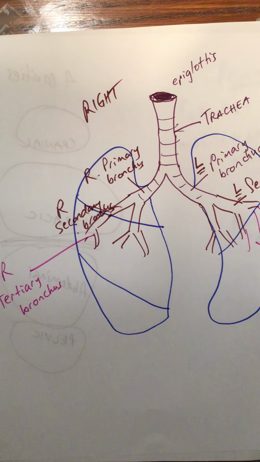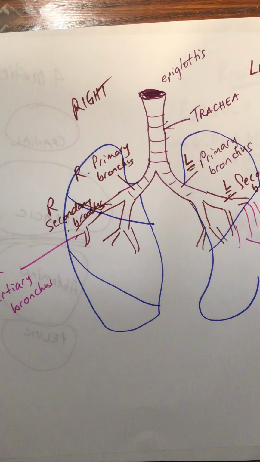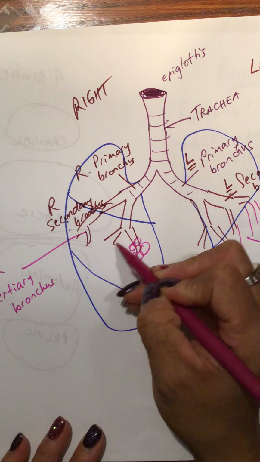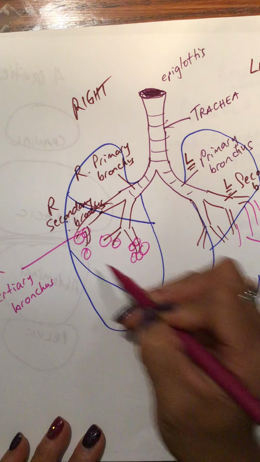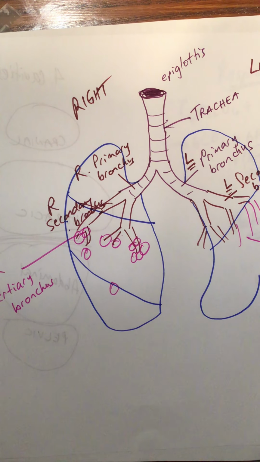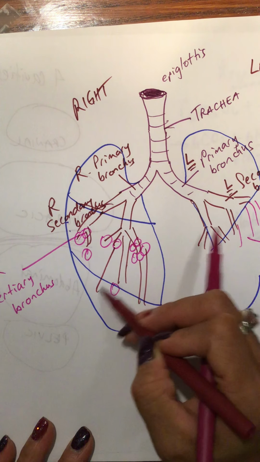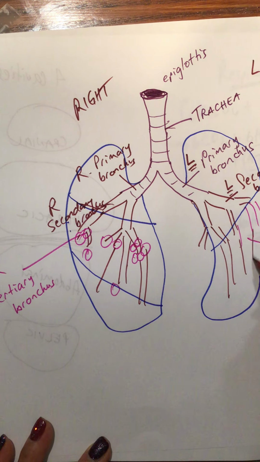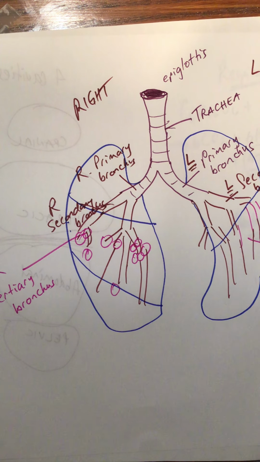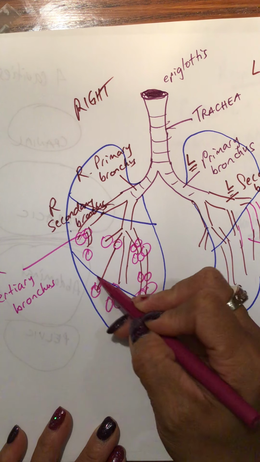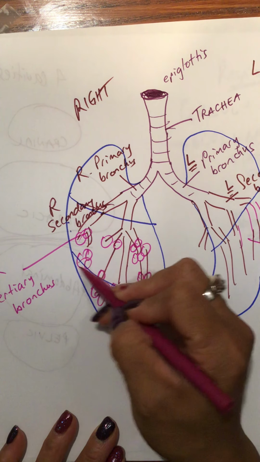And these tertiary bronchus will lead into those, they look like clusters of grapes. So they'll have clusters of grapes here, and of course they will lead into those all the way to the bottom of the lungs, everywhere. And these clusters of grapes, there's a lot of them, and they are microscopic, so you can't see them.